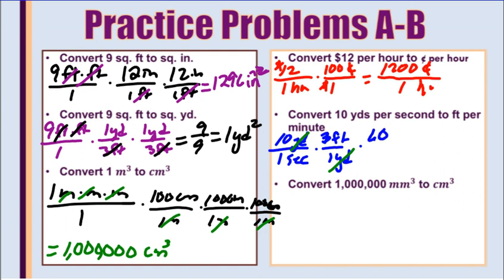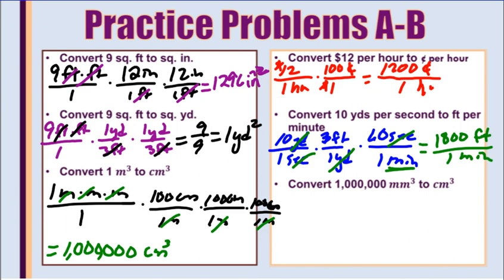So there are 60 seconds in 1 minute. So the second labels cancel off. Now I'm left with 10 times 3 is 30. 30 times 60 is 1,800. This is 1,800 feet. On the bottom I just have the label minutes. So 1 minute.